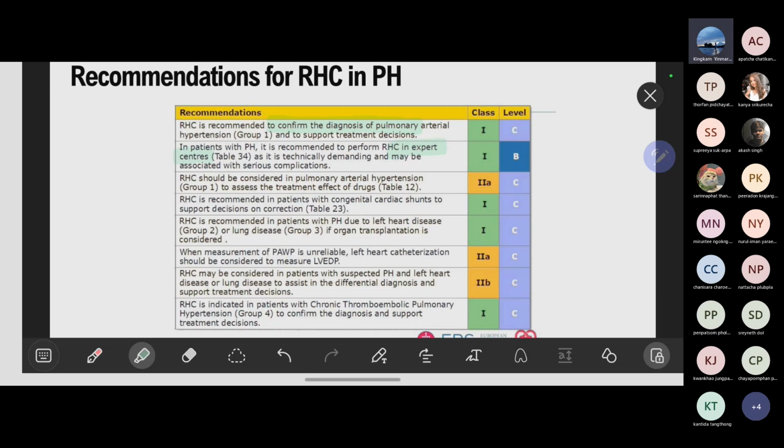It is recommended in patients with congenital shunt, in patients with pulmonary hypertension due to left heart disease or lung disease, as well as in patients with CTEPH. Right heart cath is recommended to confirm the diagnosis and to support treatment decisions.